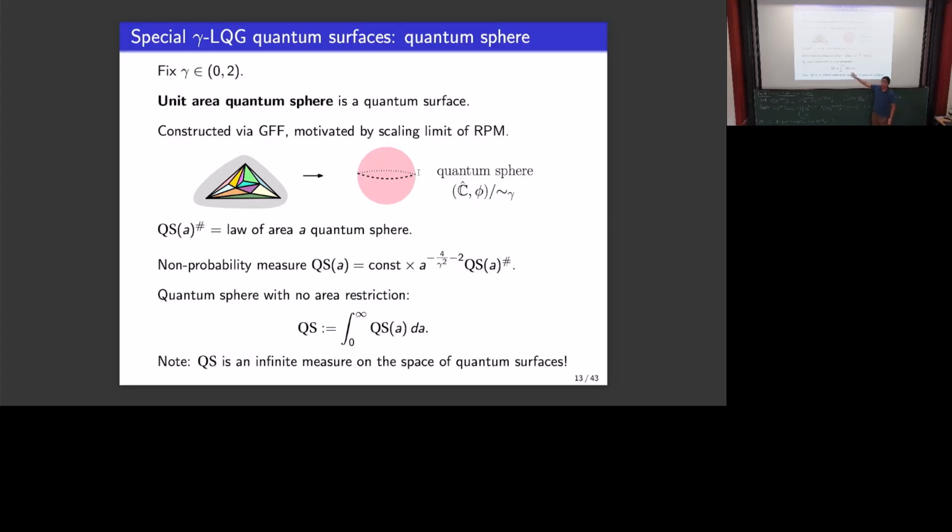And it's an infinite measure. For any fixed choice of area, the mass of spheres with that area is finite, but the total size of this measure is some power of A. You get this power law, analogous to what we've already seen. So QS with 3 marked points is an infinite measure, because power laws always have infinite mass.